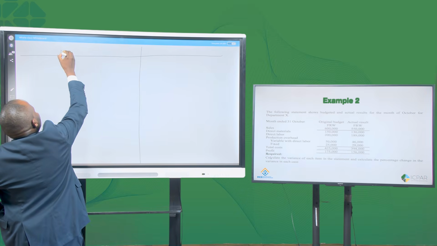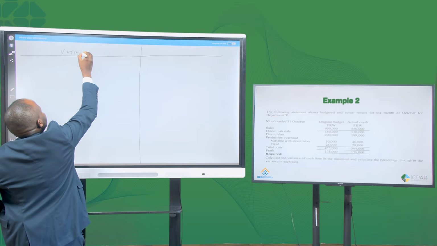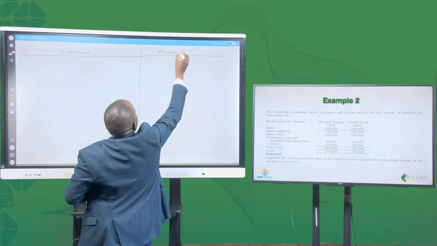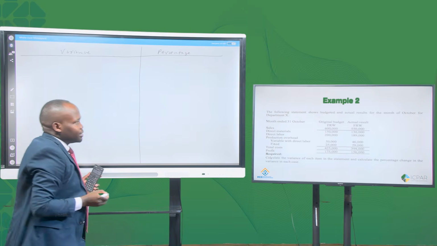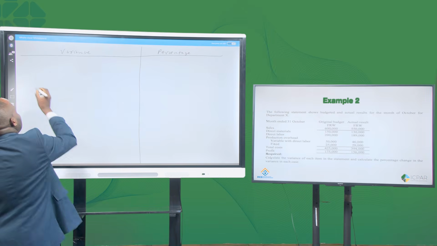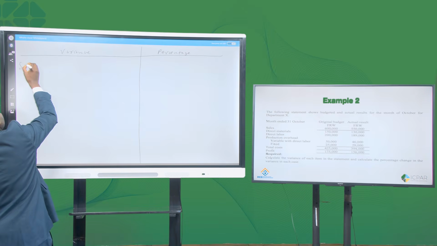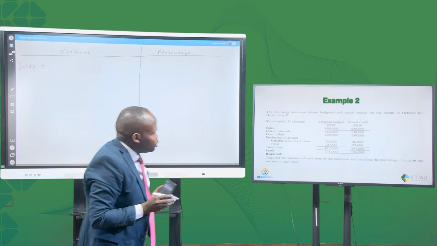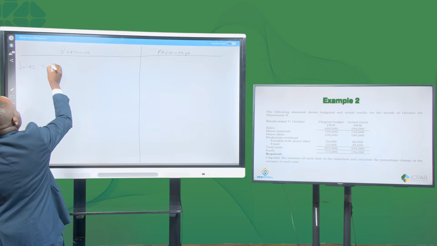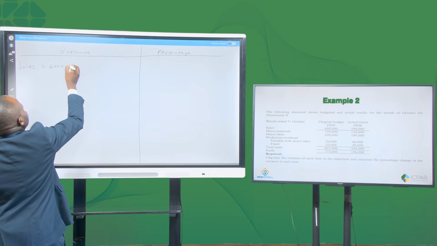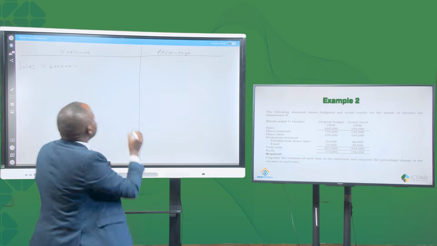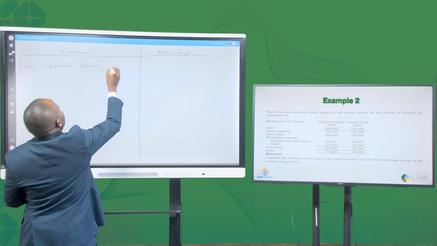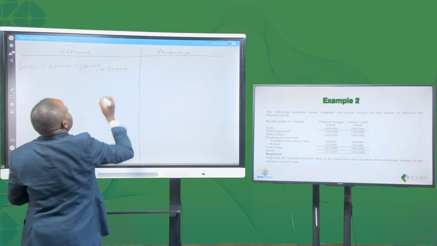So we'll have variance and we'll have percentage. Variance and we'll have percentage. So I'll start by getting the sales. What is our sales variance? Budget and actual. Budget was 600,000 minus actual was 550,000. So the difference is 50,000.